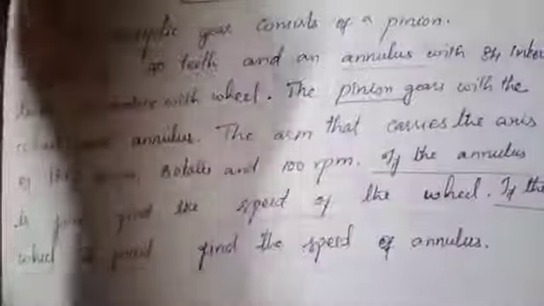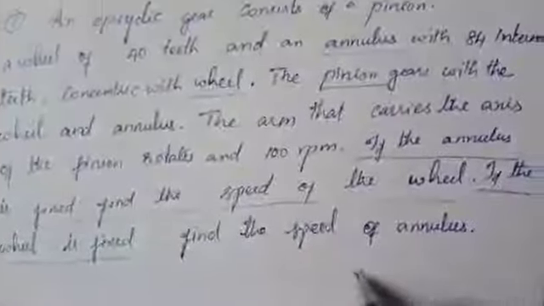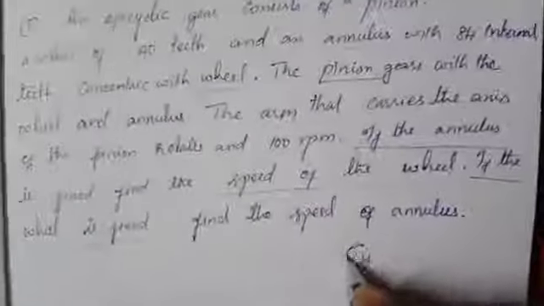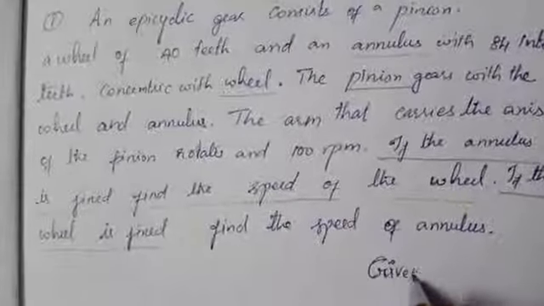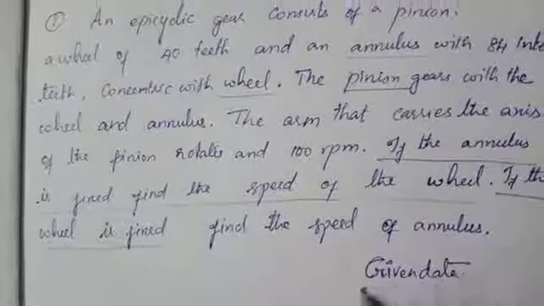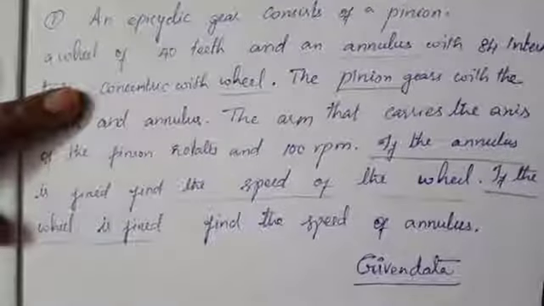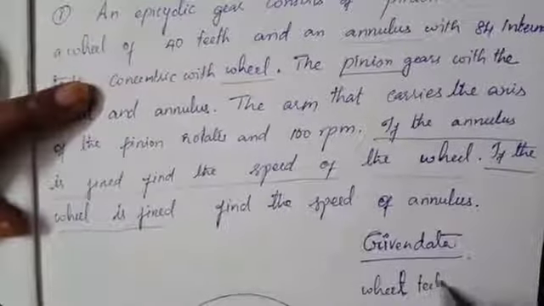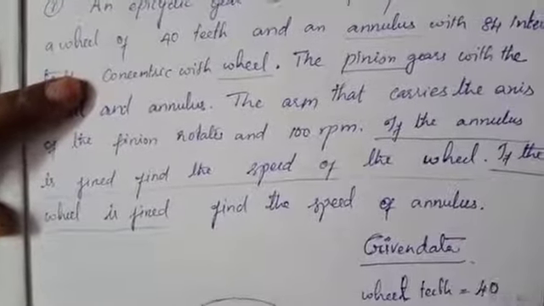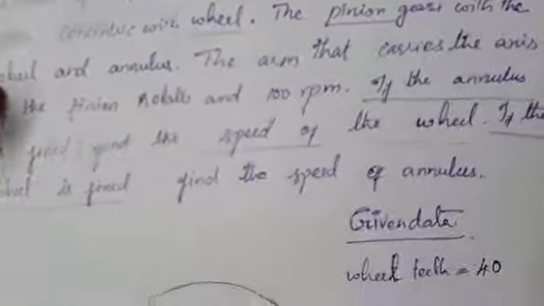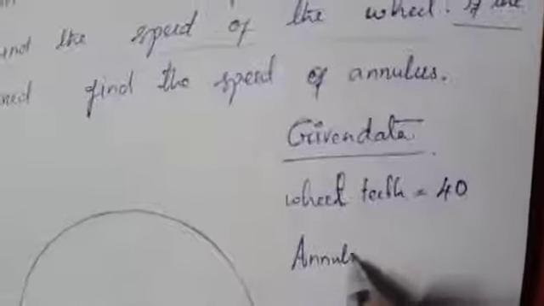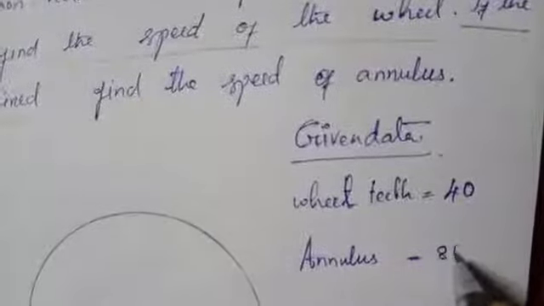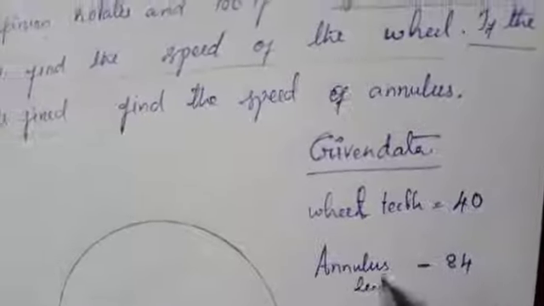First you just write down the given data. What are all the given data here? Wheel teeth 40 and annulus teeth 84.